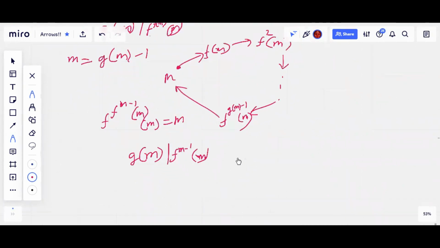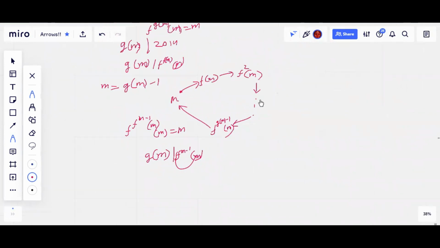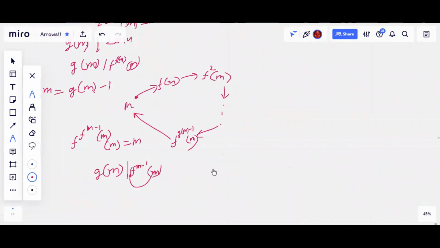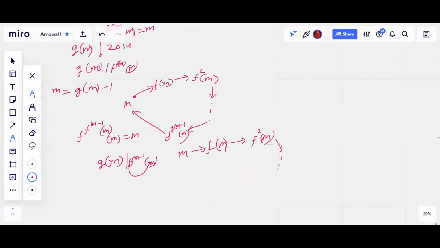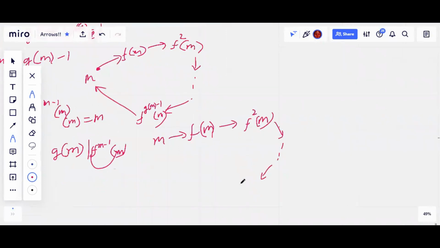Now consider the element which maps to this element. For example, I will draw the cycle again. You have this, and somewhere around here you have f to the power m minus 1 of m.